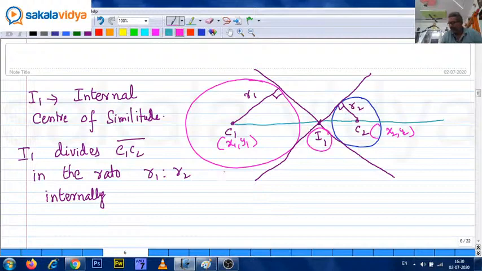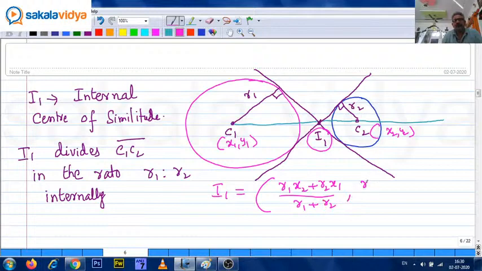So what are the coordinates of I1? I1 is given by R1x2 plus R2x1 upon R1 plus R2, comma R1y2 plus R2y1 upon R1 plus R2. This we can find.